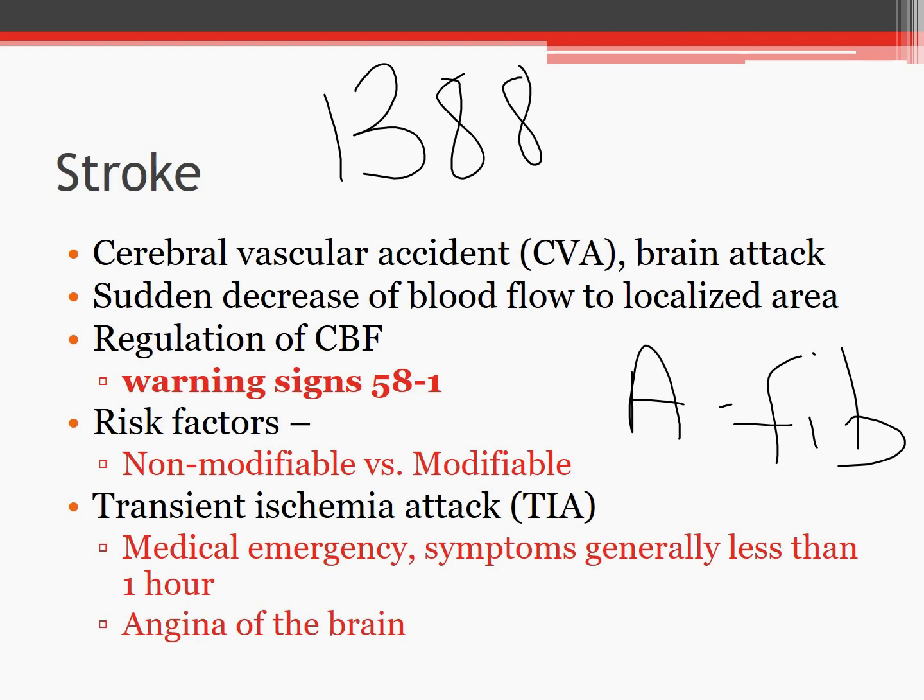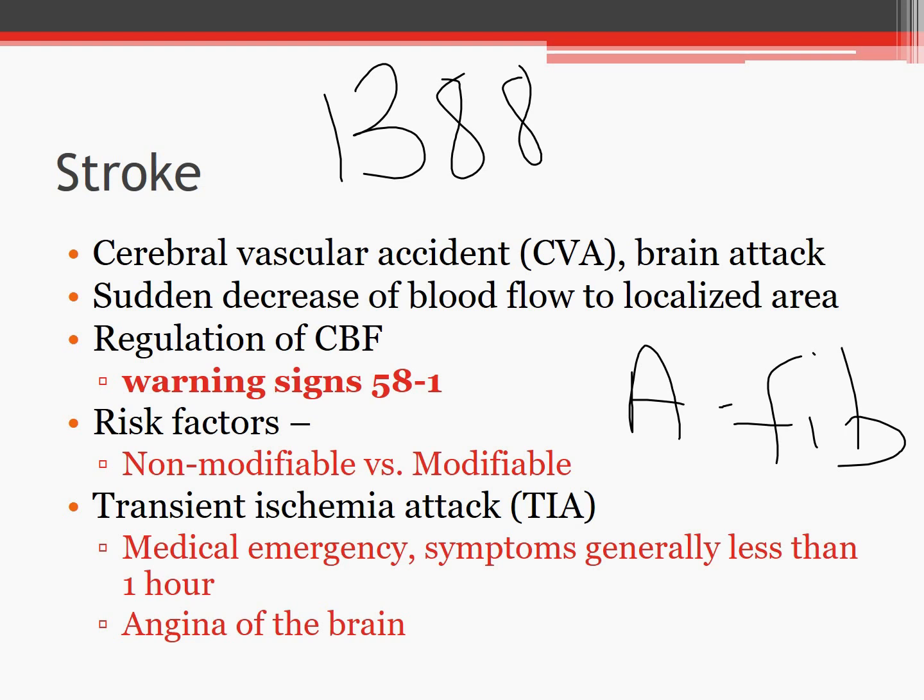We know then it's at risk for forming clots. So if someone who has AFib forms a clot and one of those clots breaks loose, then it can travel and it can cause a stroke, an ischemic stroke specifically. And that would be an example of an ischemic stroke brought on by an embolus.